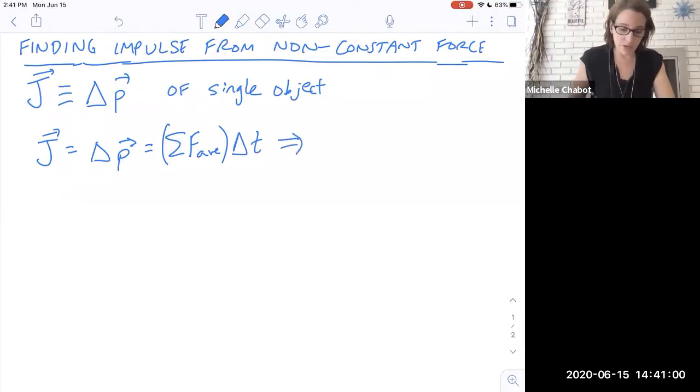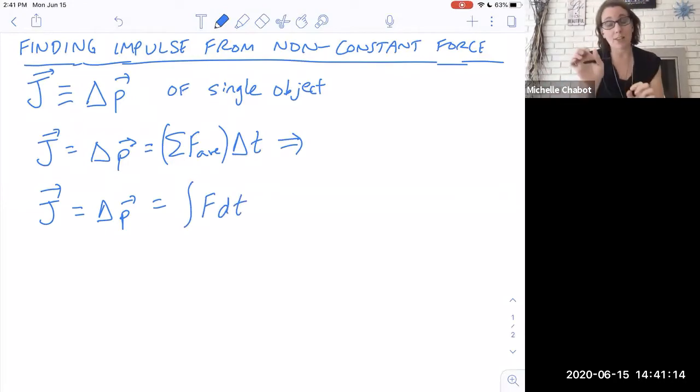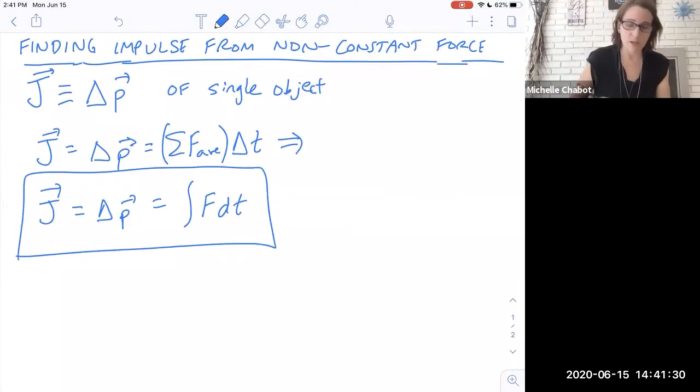So what we have is the equation that the impulse would be given by the continuous version of this, which would be the integral of F dt. Again, dt is just a tiny little time, and the force, which depends on time, varies with time, and you just add up all the little changes in momentum, all the little impulses from each bit, and that gives you your total impulse and therefore your change in momentum.